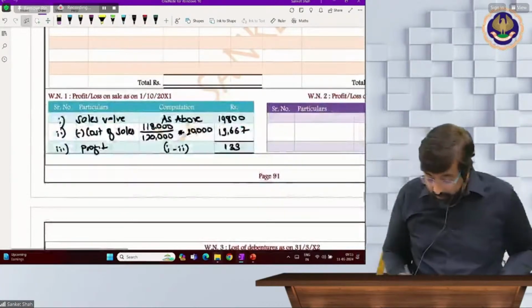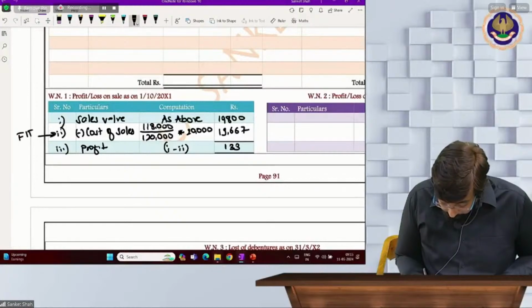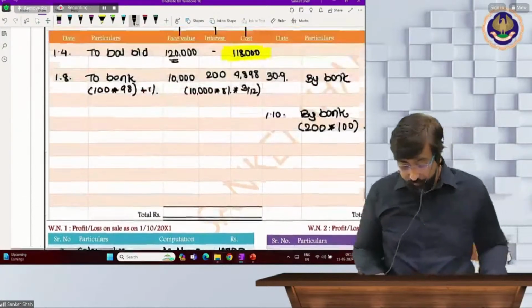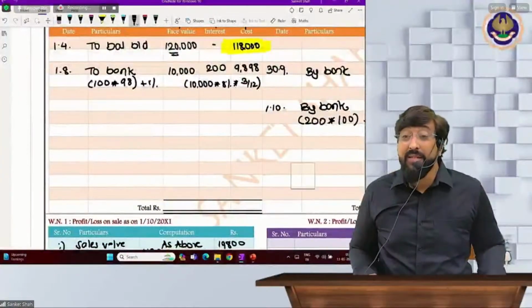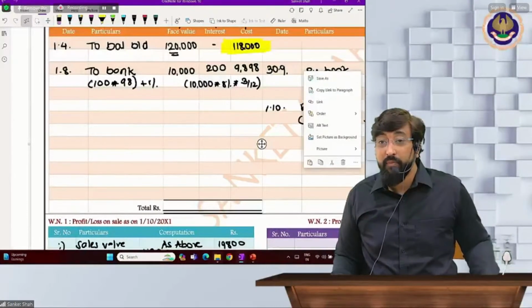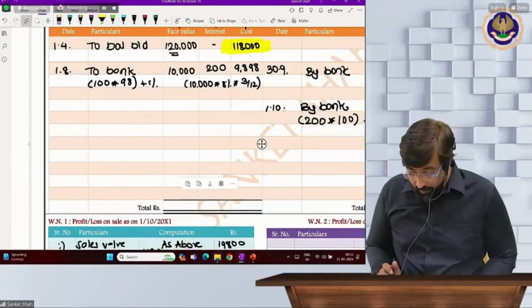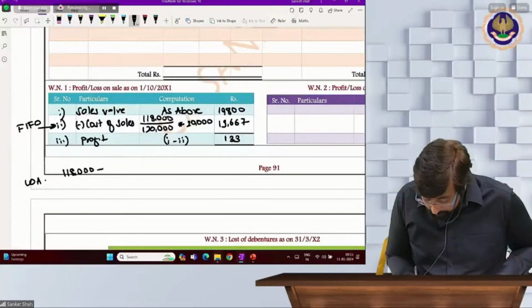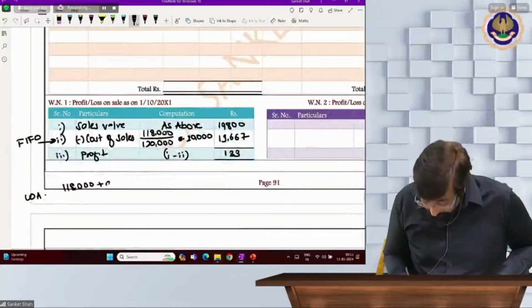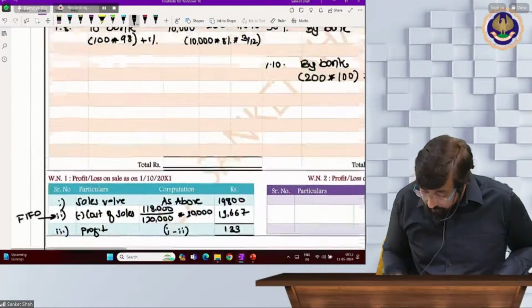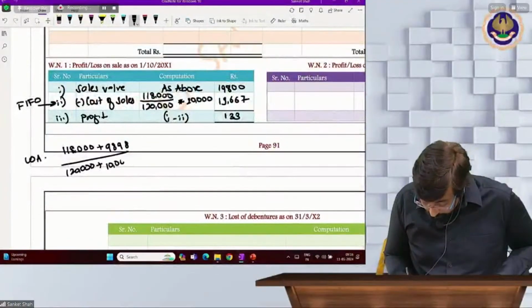Just for your concept clarity, this is as per FIFO. Assume this is as per weighted average. In weighted average I will consider both lots: 1,18,000 plus 9,898, which is for 1,20,000 plus 10,000.